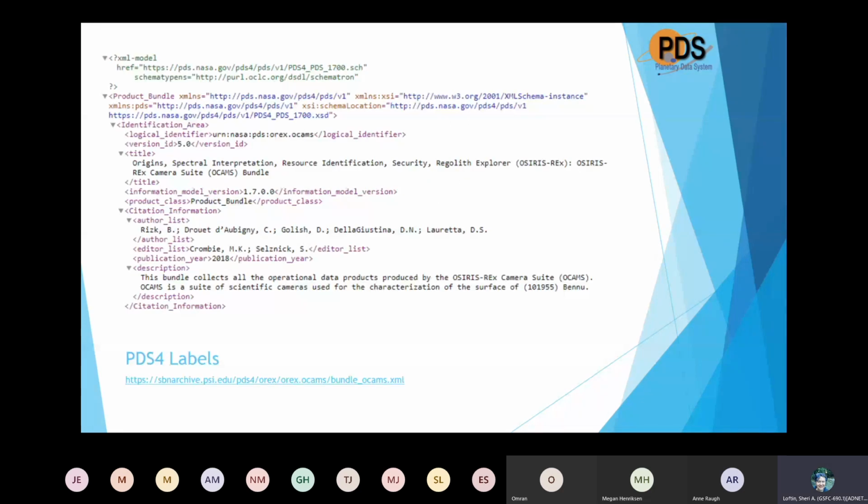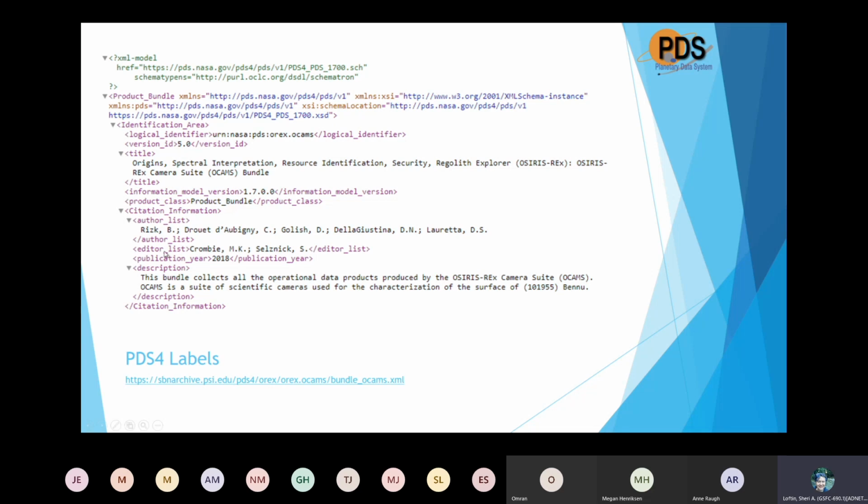Okay, and then we've got labels. So this is what you're going to spend most of your time on when creating the archive. These are the how-to manuals for how your mission or data are going to be read. They contain key information on how to read that file, how to understand that file, and they define the context of the file. They also provide metadata so that your data is searchable.